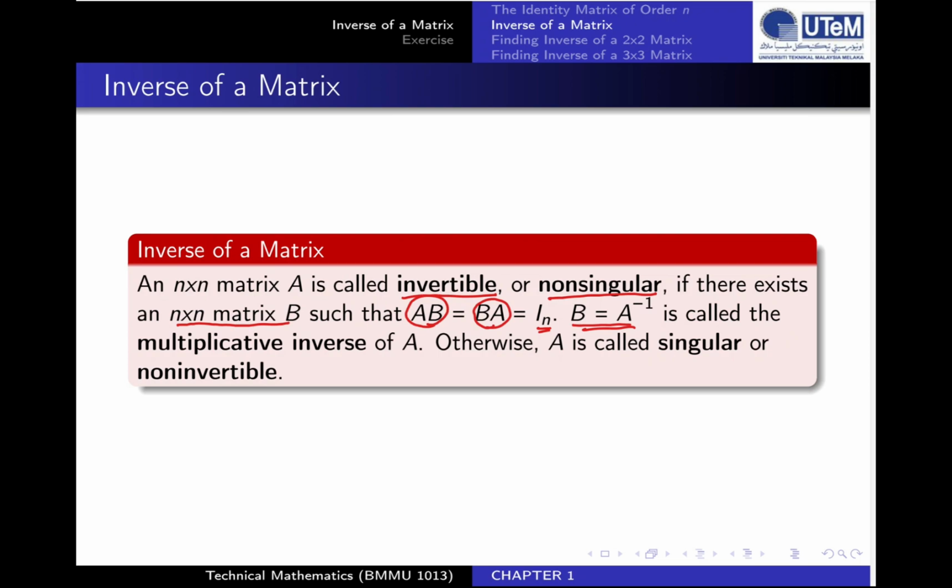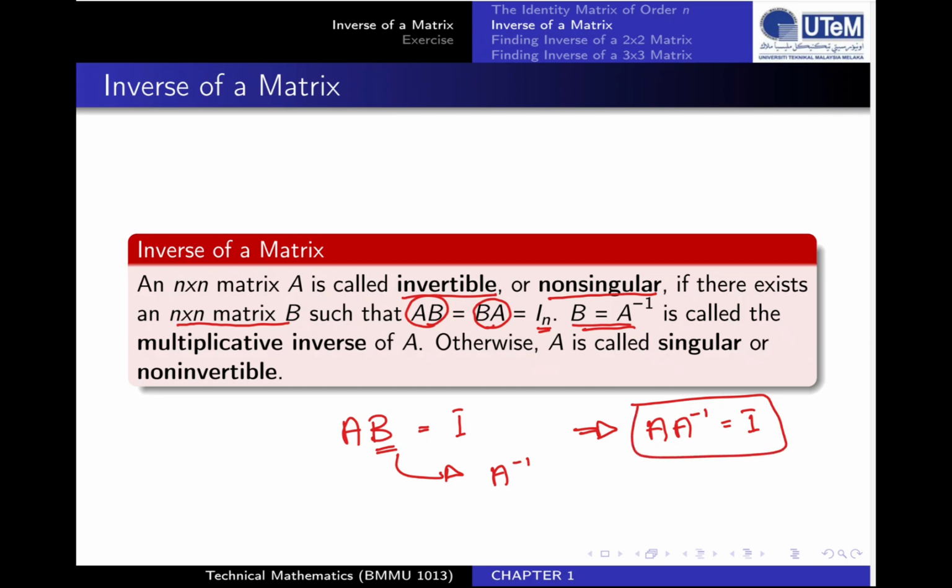In this case, A times B equals the identity matrix, so B is A inverse, because matrix A times A inverse is equal to the identity matrix.